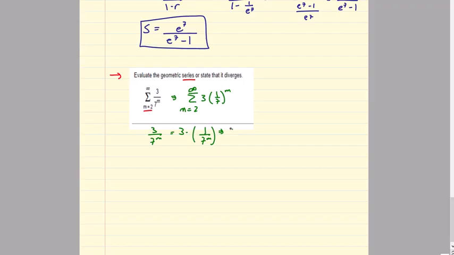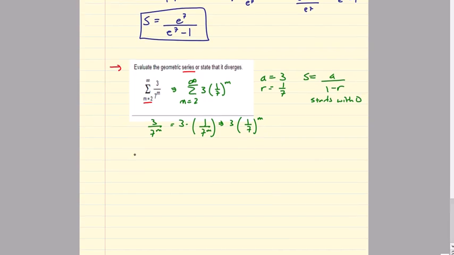But again, I have to put this in a geometric form, so I need that 1/7 quantity to the m to fit that particular value. So a in this case is 3, and r in this case is 1/7. So the formula I want is S equals a over 1 minus r, but this is only true when my index starts with 0. So I have a couple of options here. There's a couple different ways that we could work this.